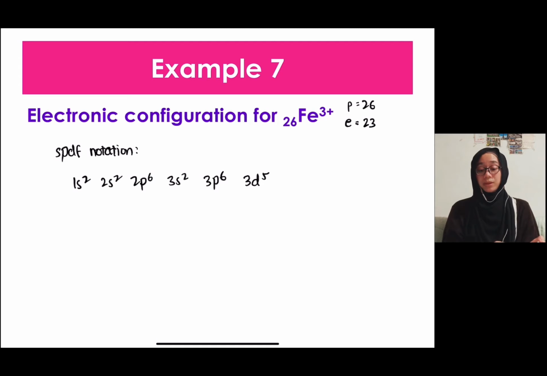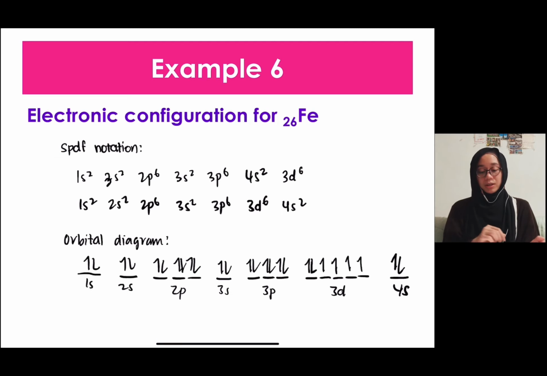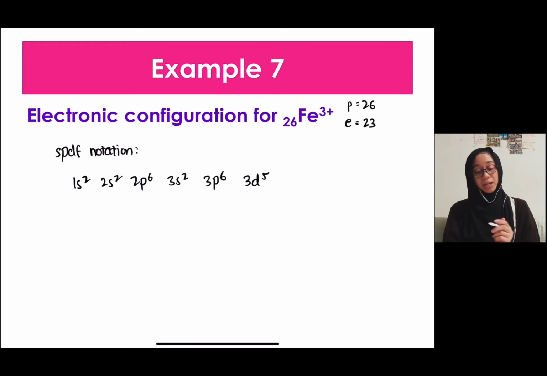Okay, so bear in mind, kita dah remove daripada 4s. Okay, itu 2 elektron dah. And then kita remove 1 daripada 3D. So, kalau kita remove 1 daripada 3D, bermaksud dia tinggal 3D5. Okay, so this is the spdf notation for ion.